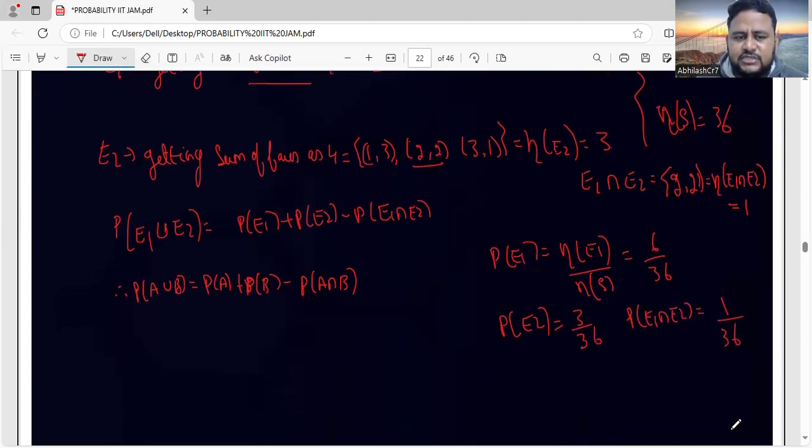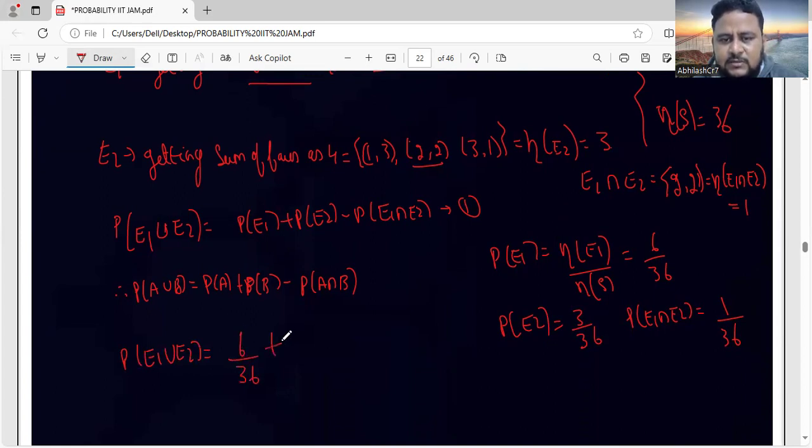Now, if you substitute these values in equation 1, what will we get? P of E1 union E2 is P of E1, 6 by 36, plus P of E2, 3 by 36, minus P of E1 intersection E2, which is 1 by 36.